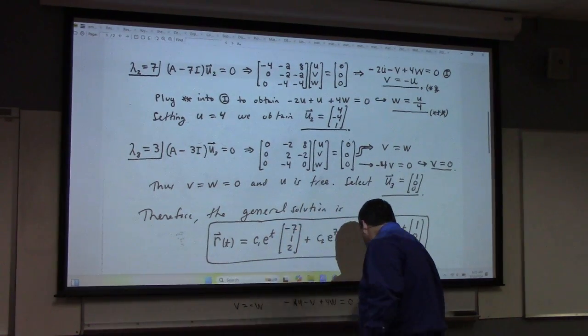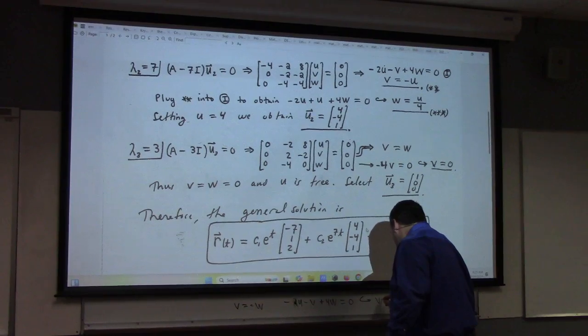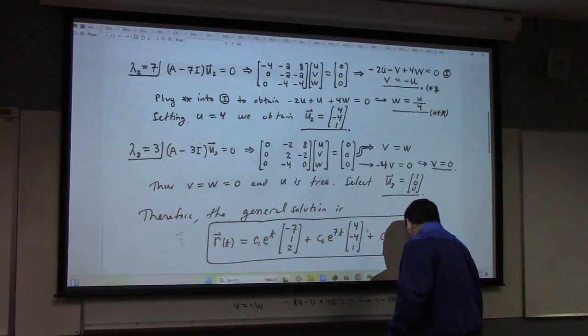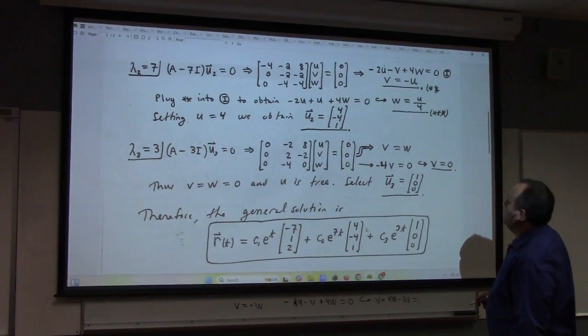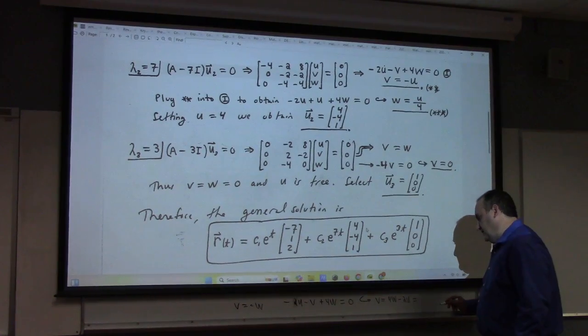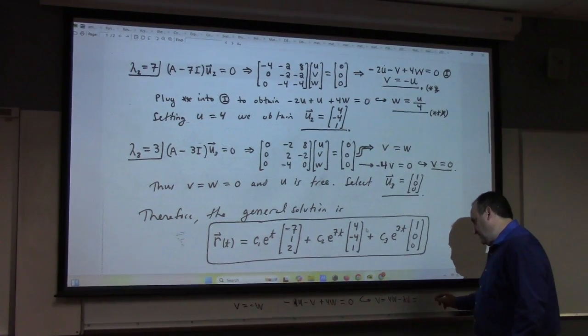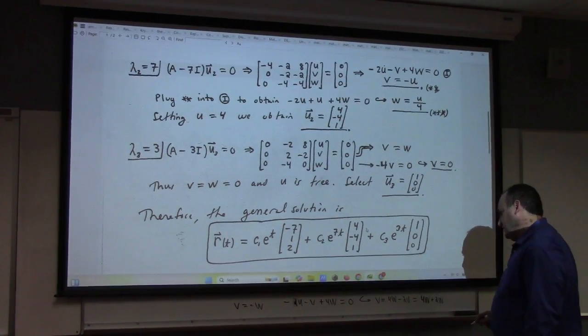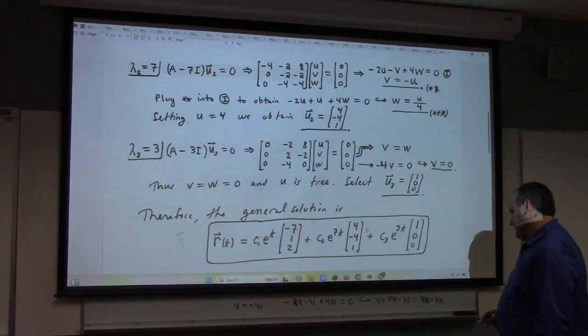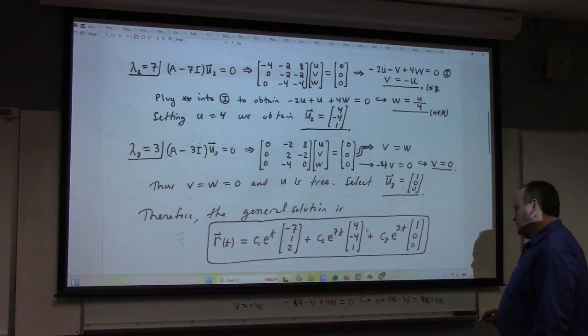That tells me that v equals 4w minus 2u. Which then gives me 4w plus 2w, I think. Because v is, oh no.